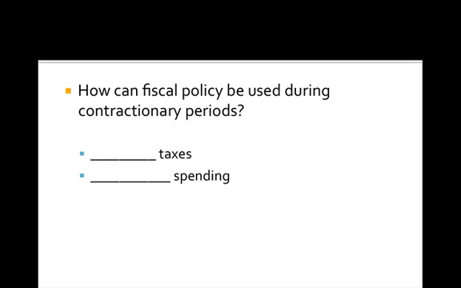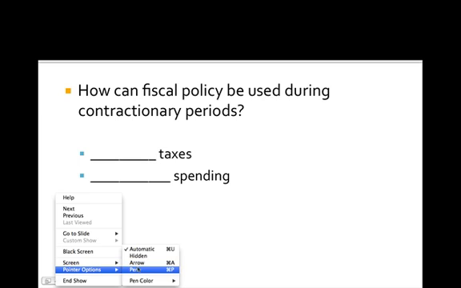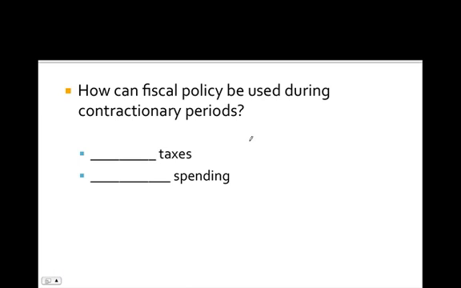How can fiscal policy be used during contractionary periods? Well, when the economy is in contraction, things are bad, and you are pretty familiar with that because we have been dealing with the recession of 2008 and the recovery since you have been really paying attention. So GDP is headed down, inflation is headed down, and unemployment is headed up.